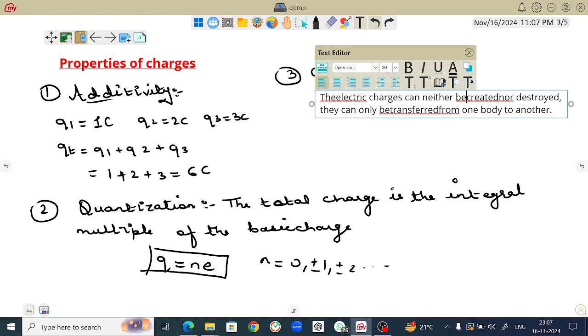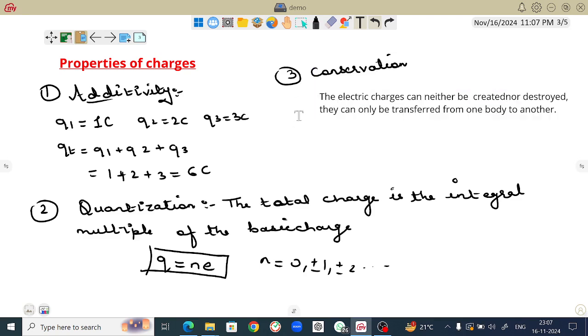For example, during rubbing, when a plastic rod is rubbed with a silk cloth, an equal amount of positive charge is transferred to the plastic rod and an equal amount of negative charge develops on the silk cloth.